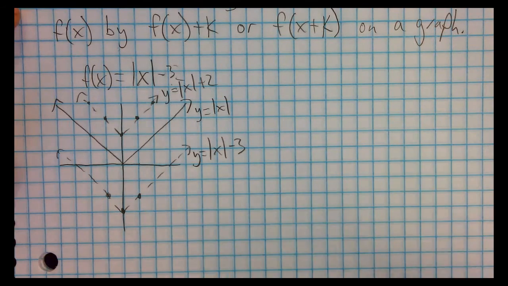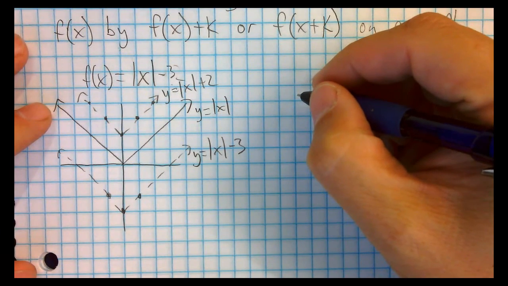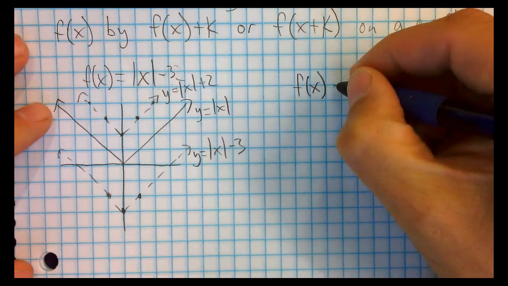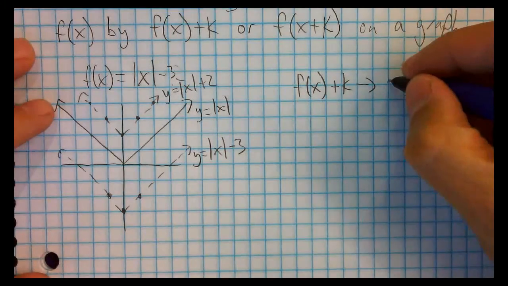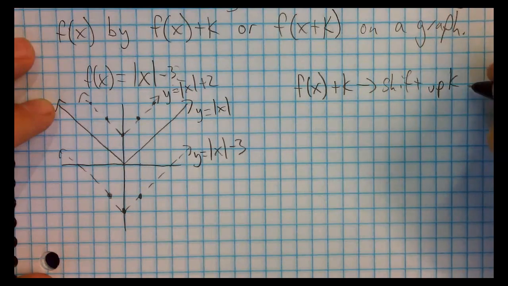Okay, so the formal way that we're going to write this is that to shift up, f of x plus k will just shift up k units.